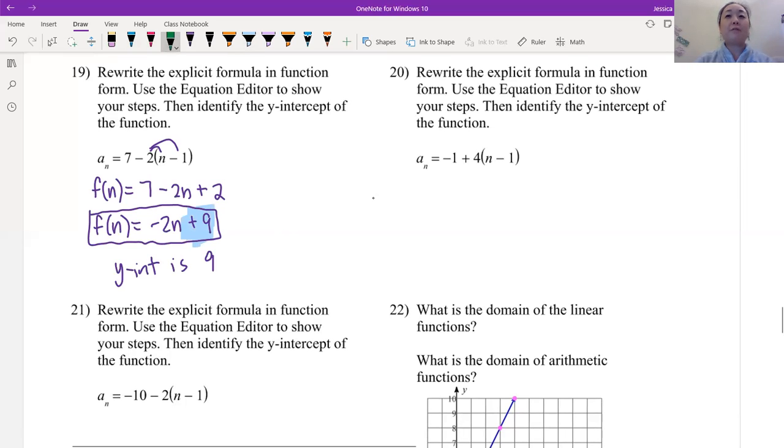All right, so how do we do that for the next one? Exact same way. So f of n is equal to, so again, we're going to distribute the 4. So here's the -1 right here, and it's going to be plus 4n minus, well, because 4 times -1 is -4, just like that. And then the next line you would write or type in 4n first, 4n, and -1 minus 4 is going to be -5.